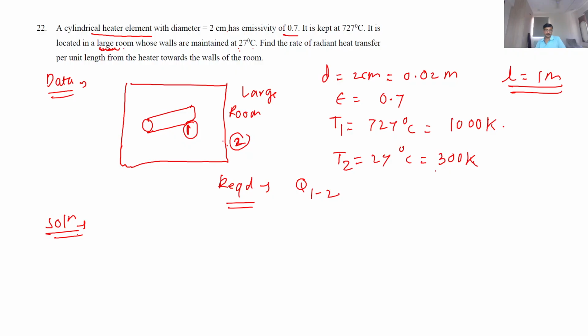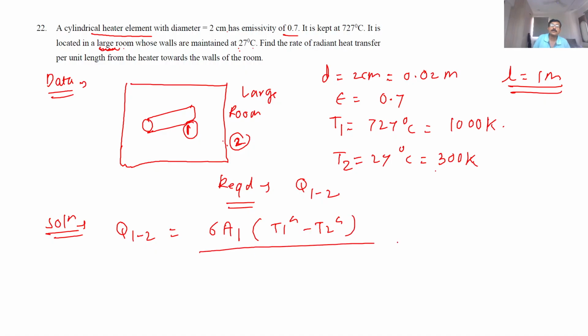So we'll go for the solution. If one body is enclosing another body, what is the formula for radiation heat exchange in such a case? Q1 to 2 is equal to sigma A1 (T1 raised to 4 minus T2 raised to 4) divided by (1 by epsilon 1 plus A1 by A2 into (1 by epsilon 2 minus 1)).